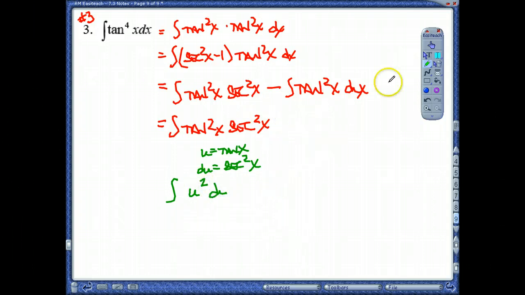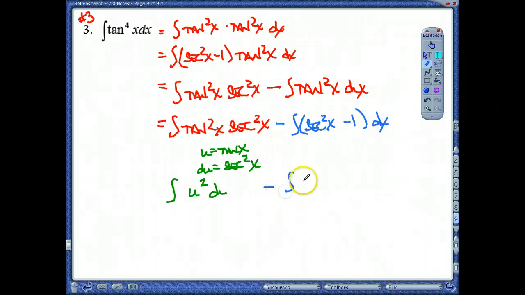Okay. Now over here, I'm going to take this back to secant squared minus 1. And I will, of course, be able to integrate that because I can integrate secant squared and I can integrate 1.